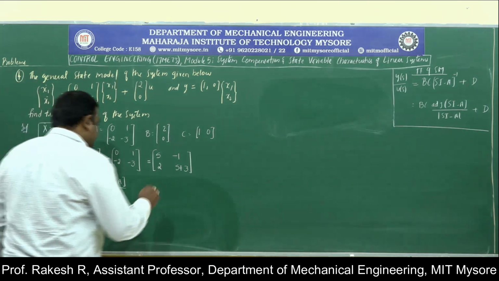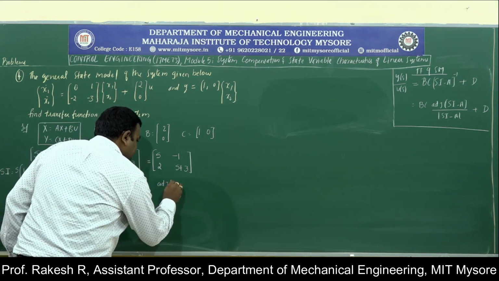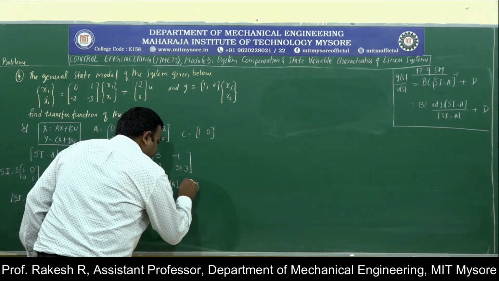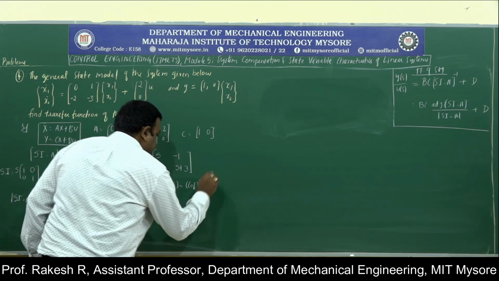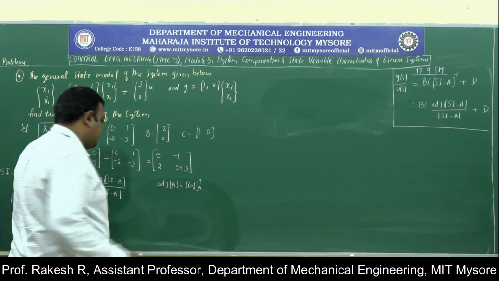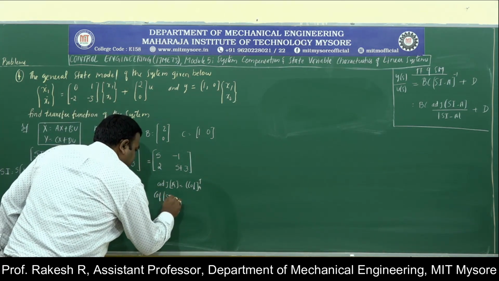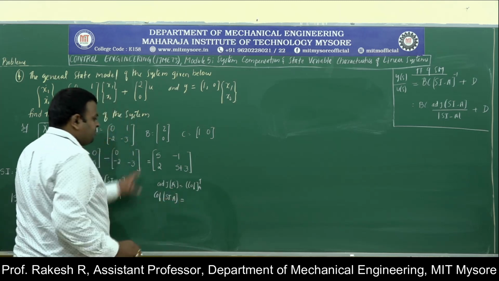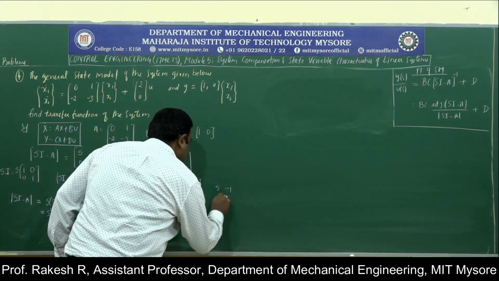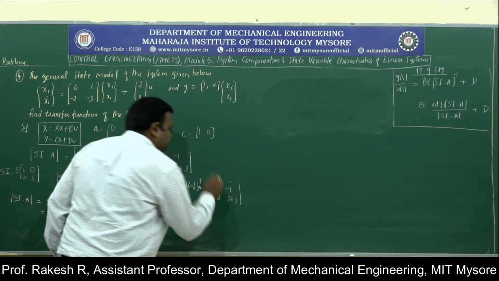If I want to find the adjoint, the adjoint of any matrix A is nothing but the transpose of the cofactor matrix. Let us calculate the cofactors here. For the cofactor matrix of sI minus A, first I have to consider the sign. I will rewrite this: [s, -1; 2, s+3], with signs plus minus.